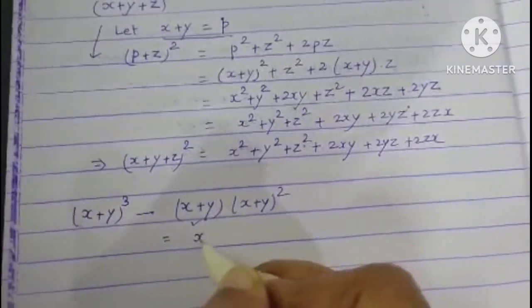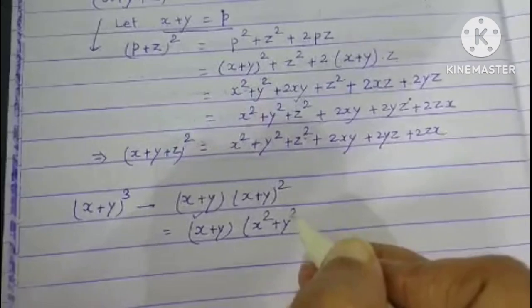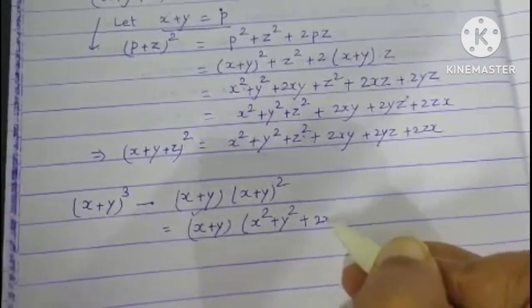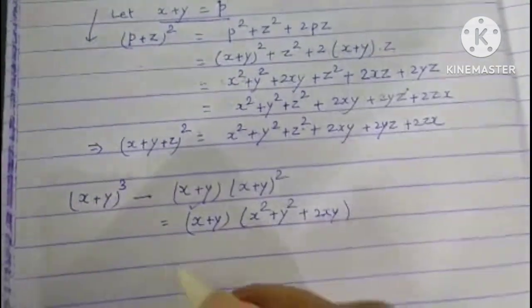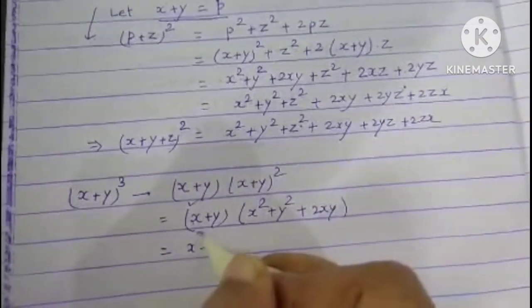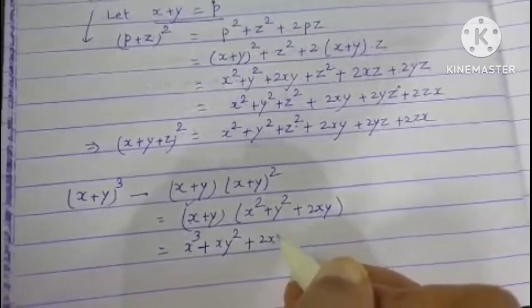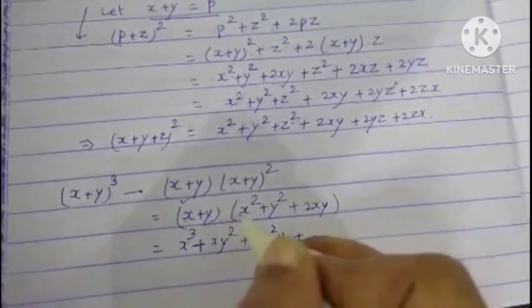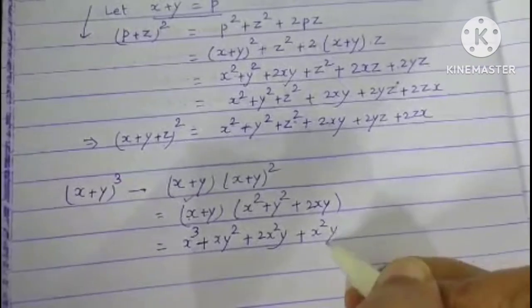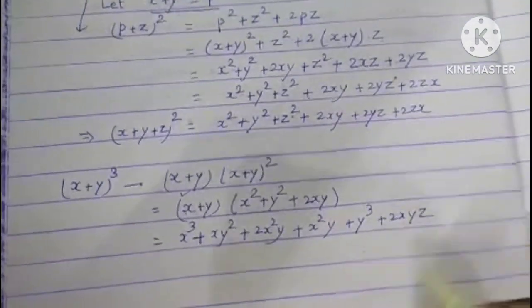Now you can write (x plus y) multiplied by (x square plus y square plus 2xy). Simple. Then, first you multiply with x: x cube plus xy square plus 2x square y. Then you multiply with y: plus x square y plus y cube plus 2xy square.